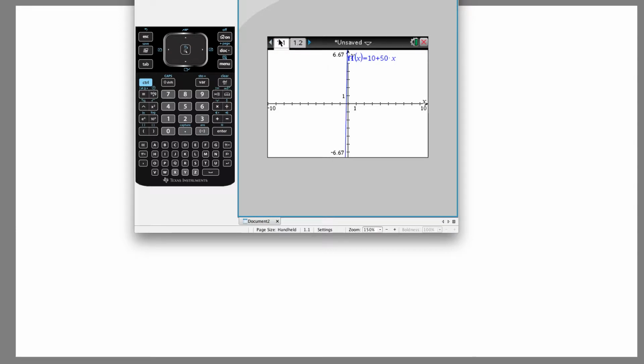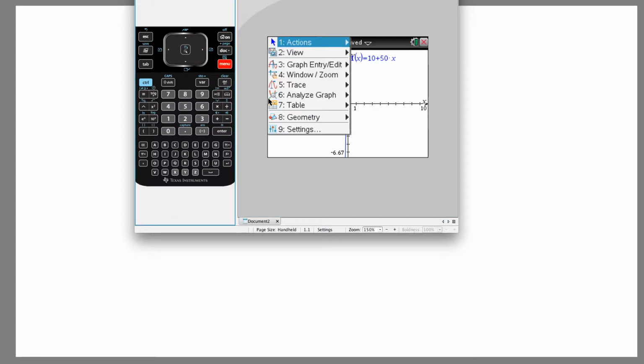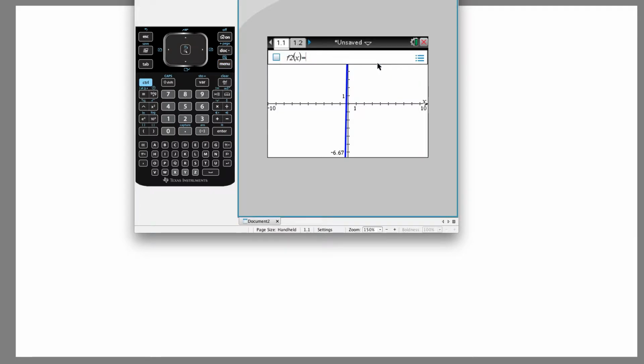I've already put in one of the functions. F sub 1 of x is equal to 10 plus 50 times x. I want to put in the other function, and this will be the exponential increase function. That'll be 10 times the exponential increase, so that was 1.5, raised to the x power.